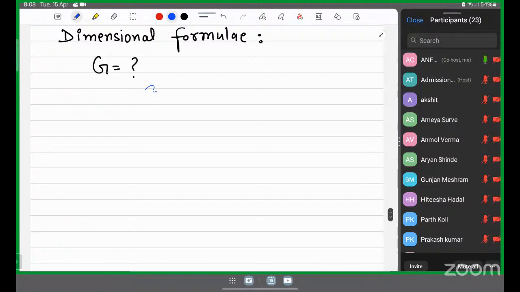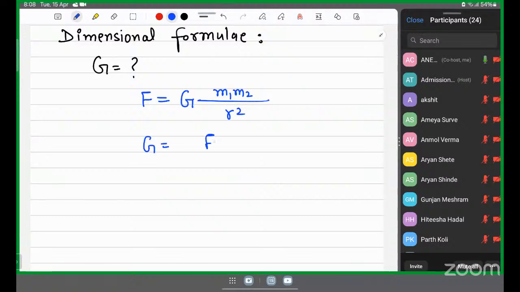So we can use Newton's universal law of gravitation, which states that force F is G times m1 m2 by r square. So from here G will be F r square divided by m1 m2. To know the dimension of G, I have to find out the dimension of all the quantities included in the expression for G. So there are mass m1, mass m2 and distance.